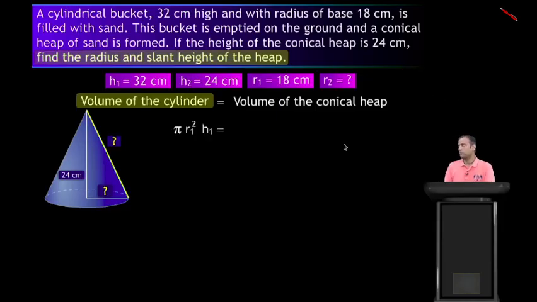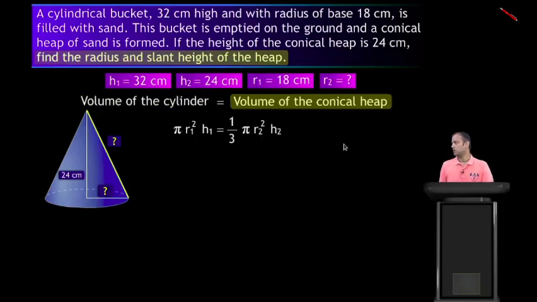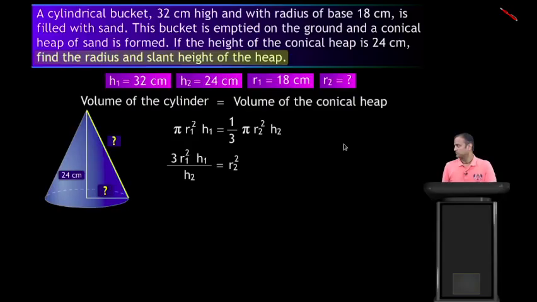So it is equal to pi r1 square h1. Now for the volume of the cone, we have 1 upon 3 pi r2 square h2. I think now you know why we use r1 and h1, r2 and h2, because these are different. And after solving, you can put all the values here.